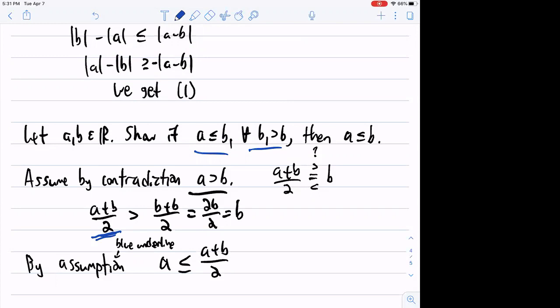Yeah, I was just confused about whether the assumption was in the problem or made by ourselves. Oh, okay. So this is saying for any number bigger than b, they called the number b1, A is less than or equal to it.